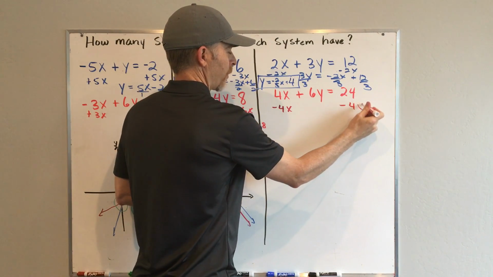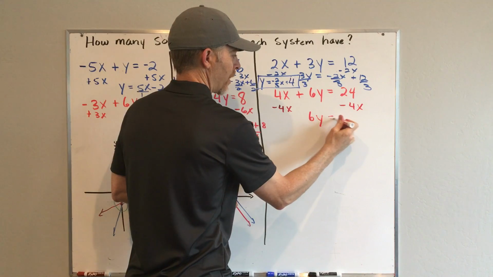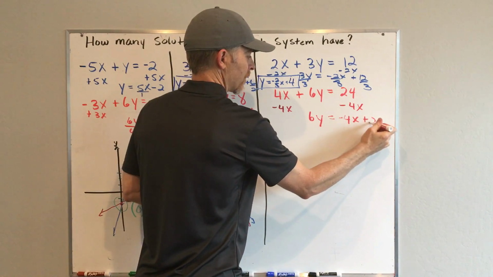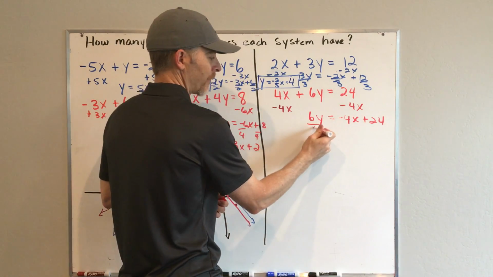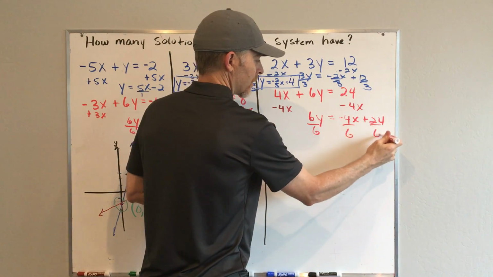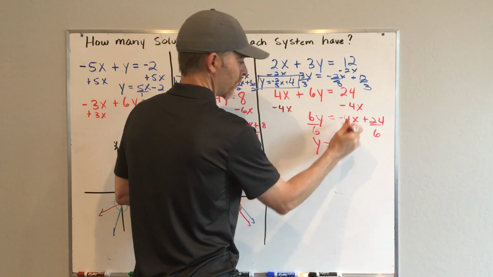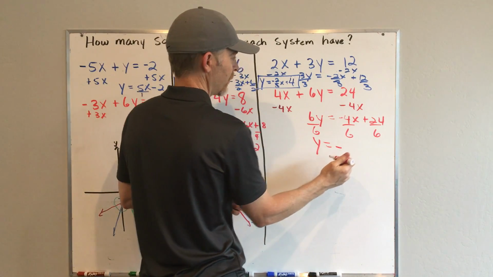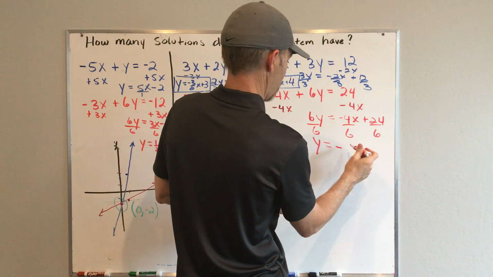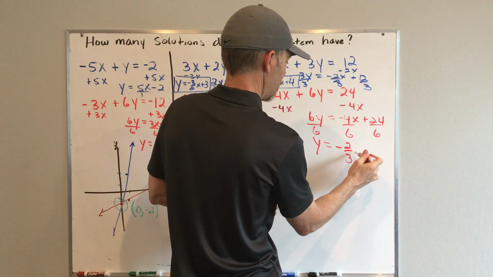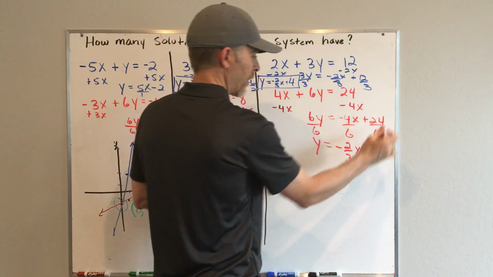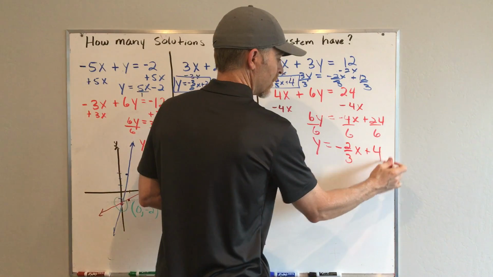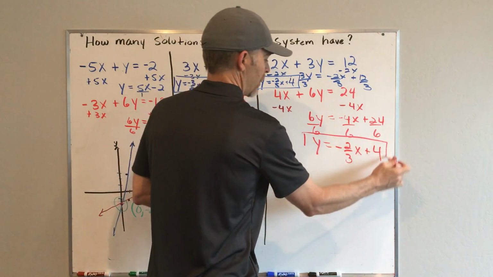So subtract 4x, get 6y equals negative 4x plus 24. Divide everything by 6. Y equals, let's see, negative 4 over 6 reduces to negative 2 over 3. And 24 divided by 6 makes 4.